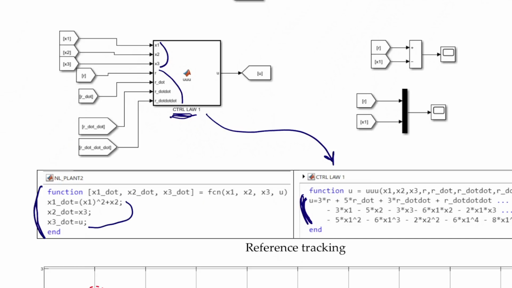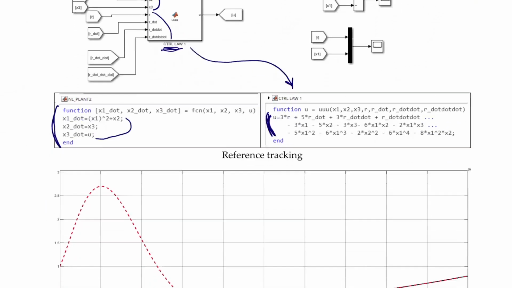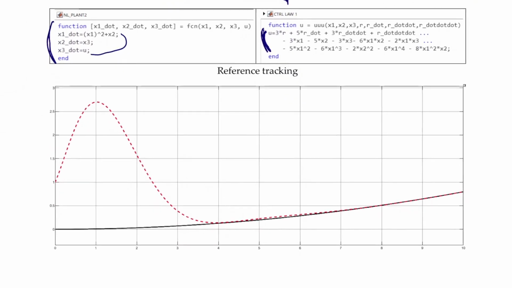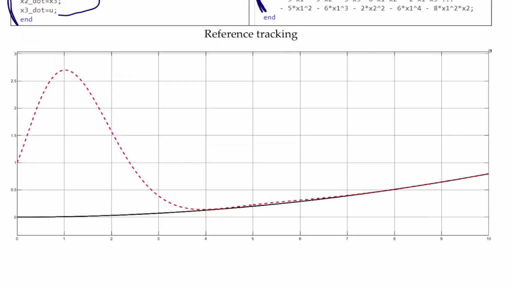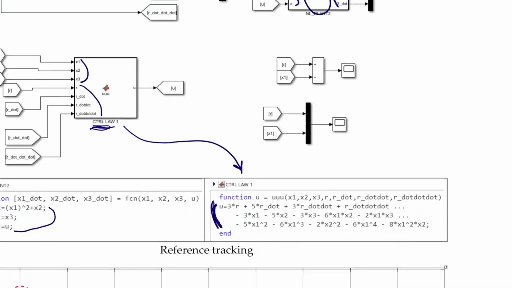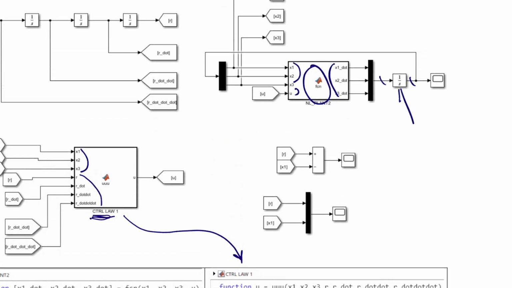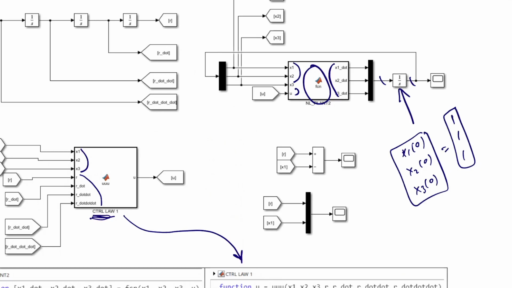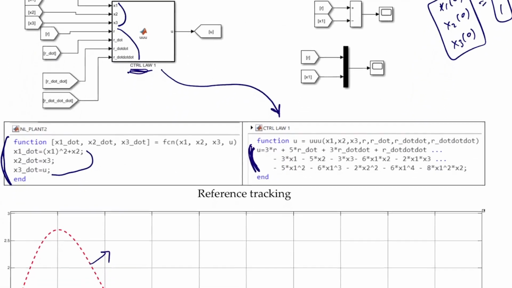So nothing new for us. And here this is the final result, reference tracking, I named it. By the way, you need to specify your initial conditions, and I started x1, x2, x3, all of them from 1.